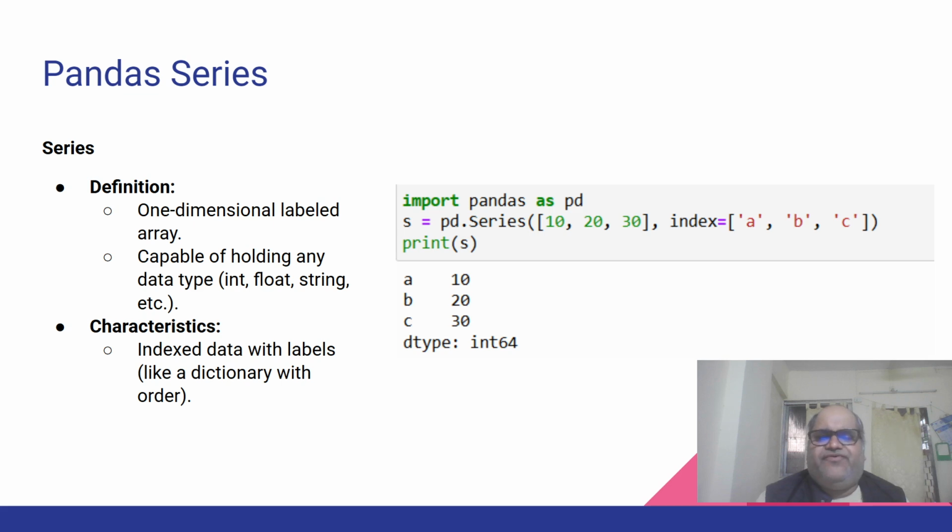So if you have a simple three numeric data points, say 10, 20, 30 in an array, we can have an array representation of it. And if you want to index it more like a dictionary, you can provide that with a keyword that is called index, as you might see even in the code here.